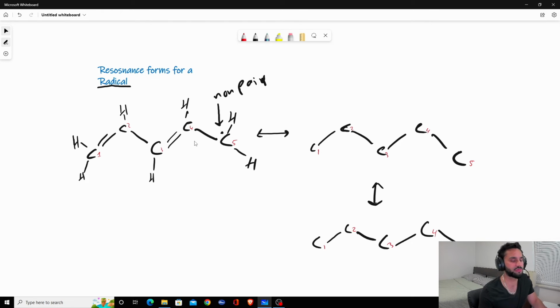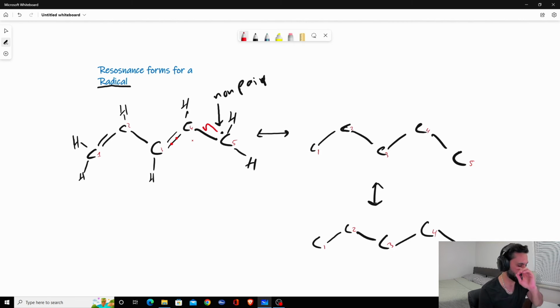And the way we draw the resonance structures for radicals is we show it with the single arrowhead. So to make a pi system, we show a half arrowhead going towards this to make a pi system, and also we would need another electron, which we're going to take from here.